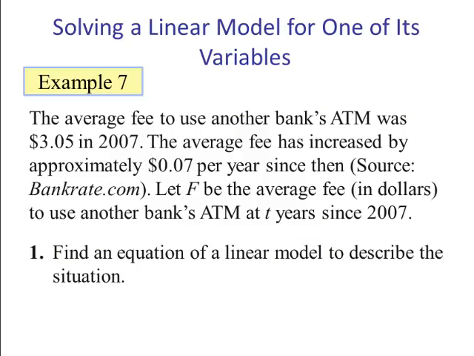Example 7. The average fee to use another bank's ATM was $3.05 in 2007. The average fee has increased by approximately 7 cents per year since then. Let F be the average fee measured in dollars to use another bank's ATM machine at T years since 2007. Number 1, we want to find an equation of a linear model to describe the situation.